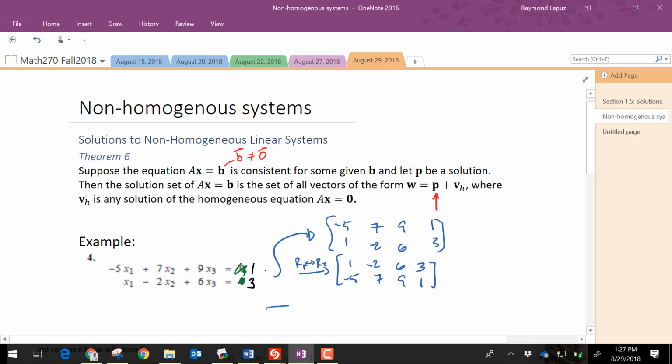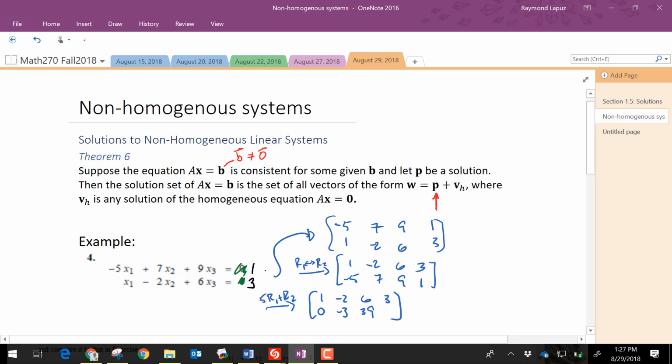And now let's do 5 times row 1 plus row 2, replace row 2. And then here we get 10, negative 10, 7, minus 3. 30 plus 9 is 39.